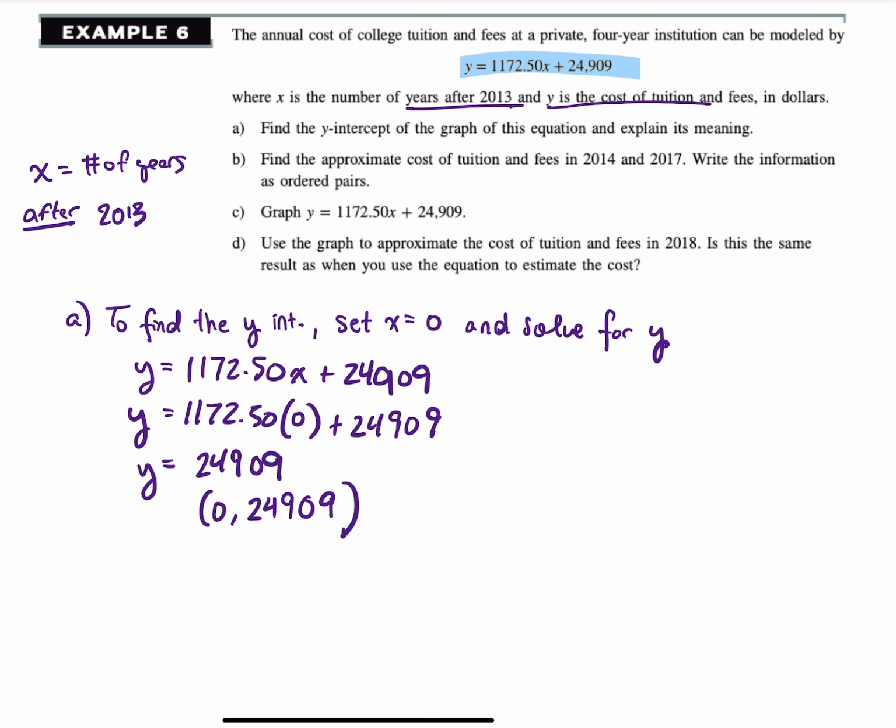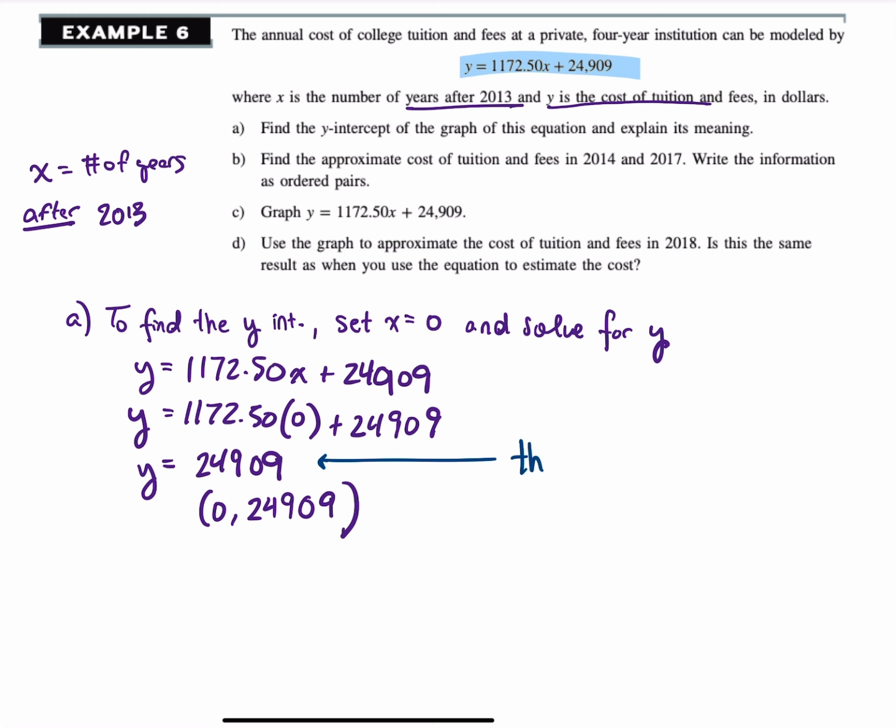So since we plugged in 0 for x, that means we're in no years after 2013, meaning in 2013, this is how much the college costs in that year, 2013.